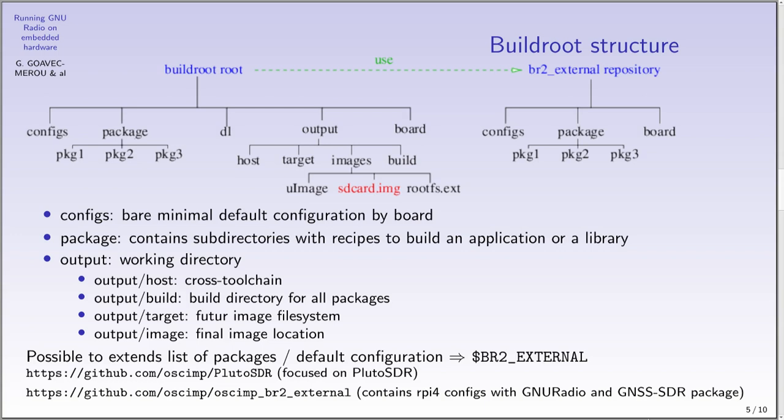And finally, the output image is the final image location. In this directory are installed the bootloader binary, the kernel binary, and the root file system partition, and finally the image where everything is provided to flash an SD card.